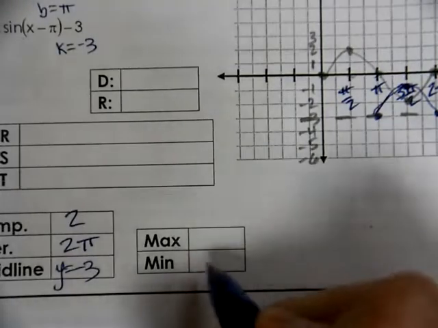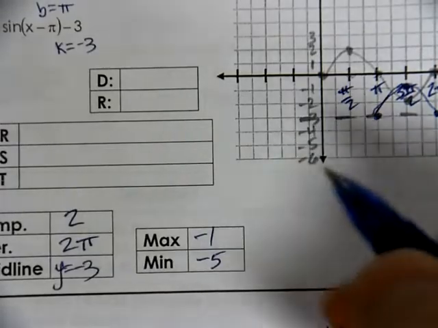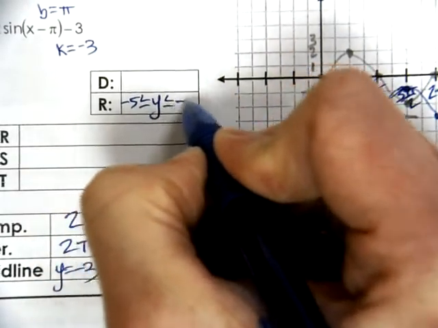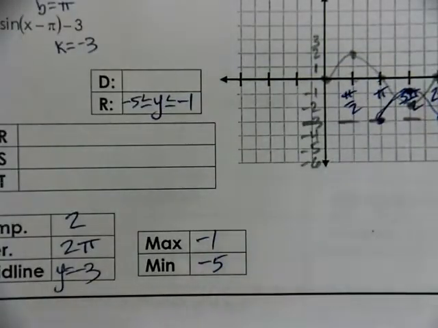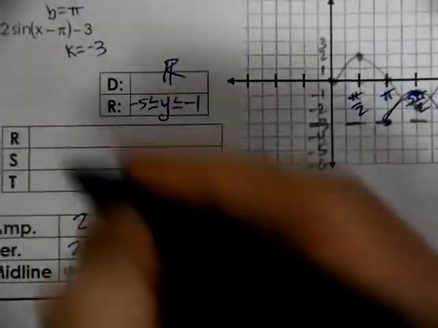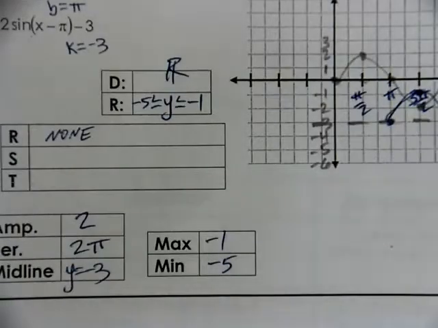Our maximum value was negative 1. Our minimum value was negative 5. So our range goes from negative 5 to negative 1. Our domain is all real numbers. There was no reflection.